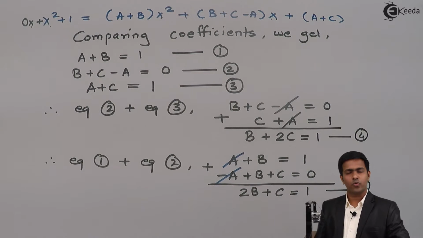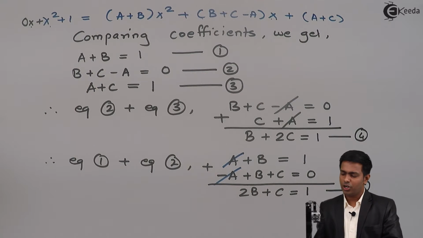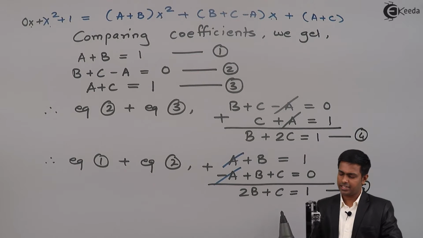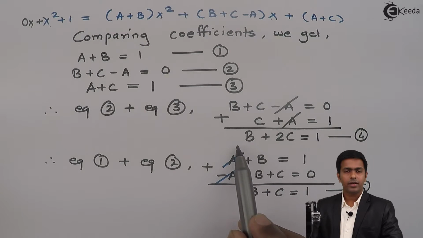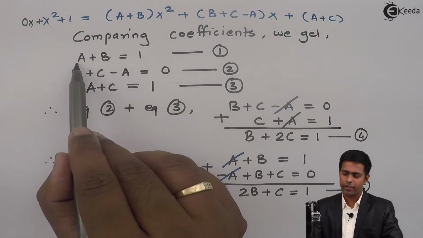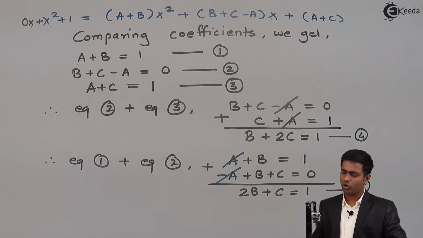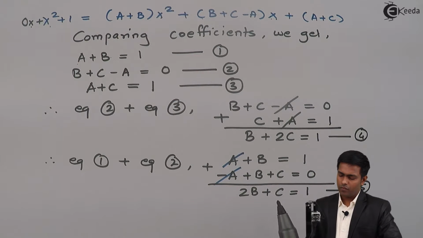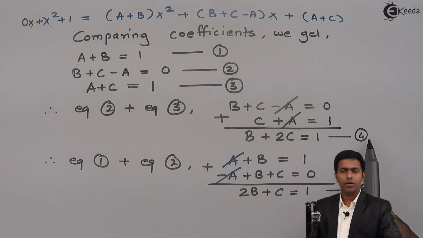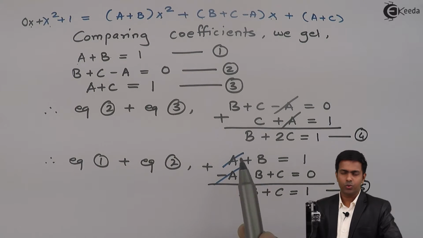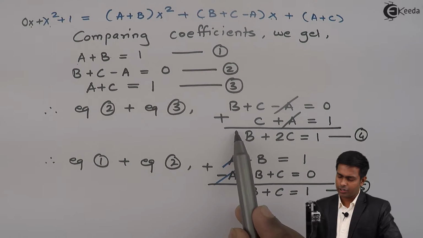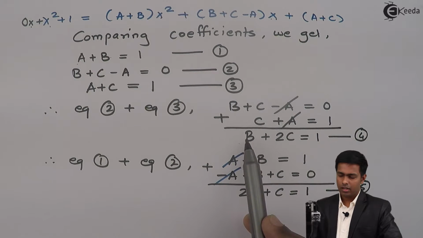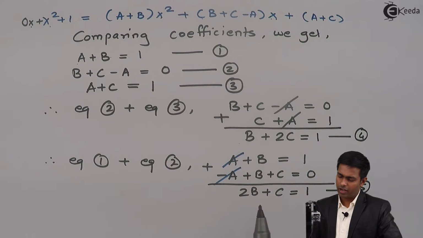So we can solve these simultaneous equations to get the values of b and c, and after that by using the value of b we can get the value of a from equation number 1. So let's solve equation number 4 and 5. Now for that we will multiply equation number 4 by 2, so that here we will get 2b, and in equation number 5 we have coefficient of b as 2, or we have a term 2b.